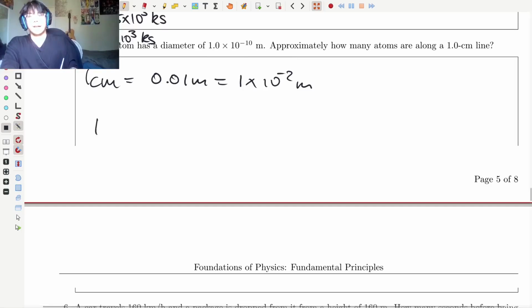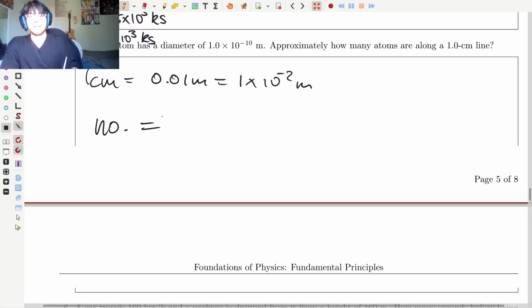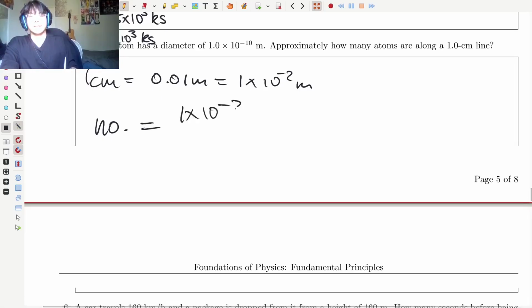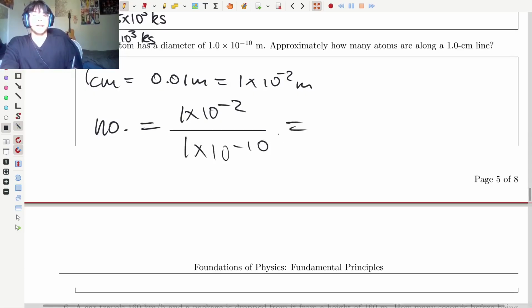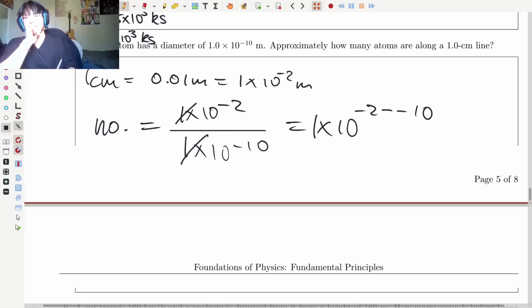So then our number of atoms is equal to 1 times 10 to the minus 2 over 1 times 10 to the minus 10 by index rules. 1 times anything is just that, so you can just think of it as 10 to the minus 2 over 10 to the minus 10.